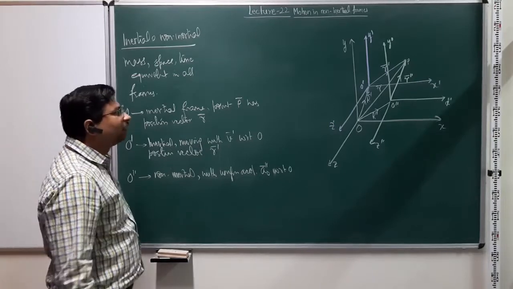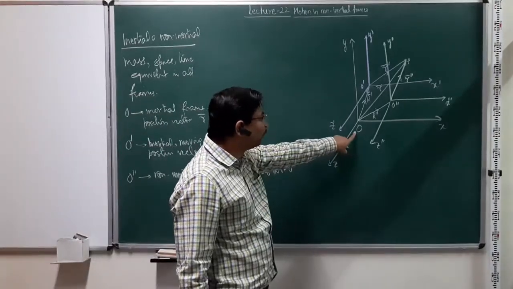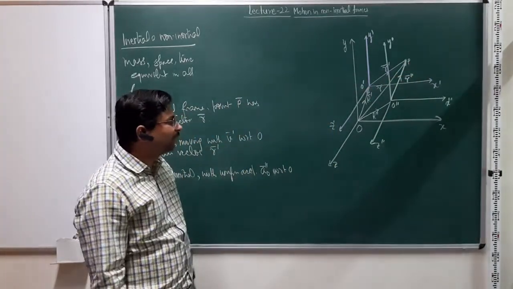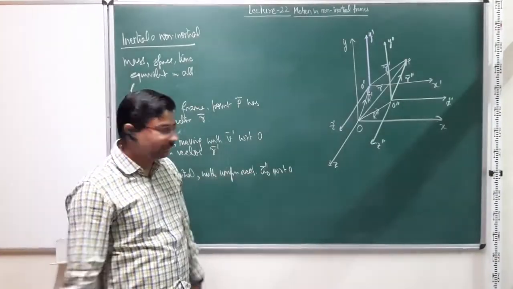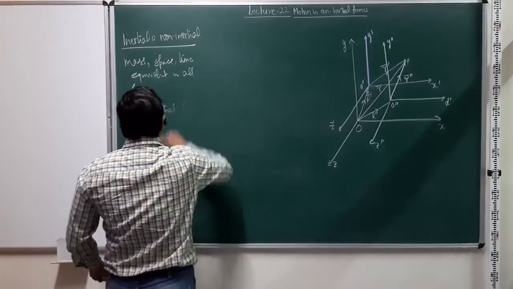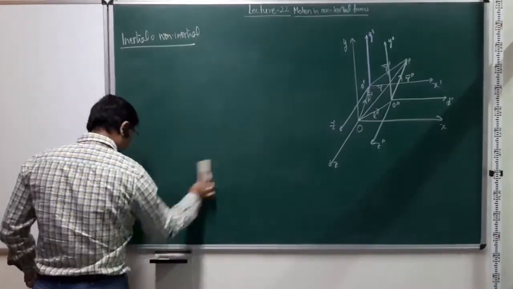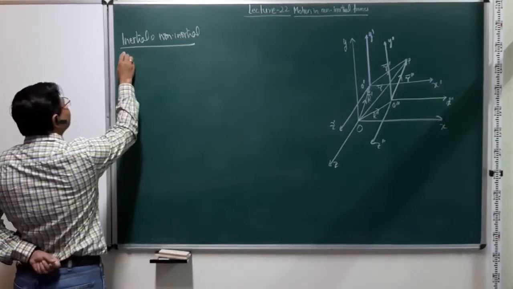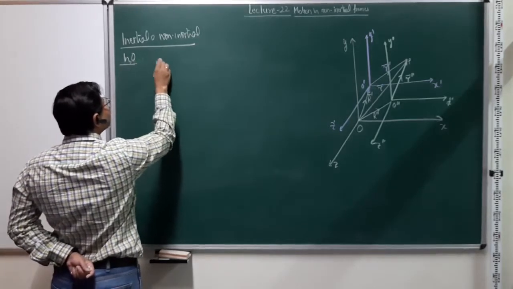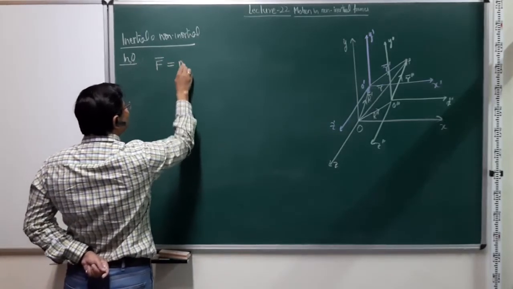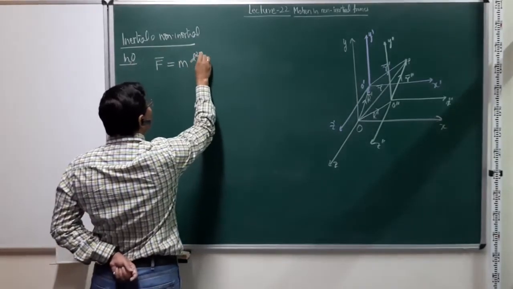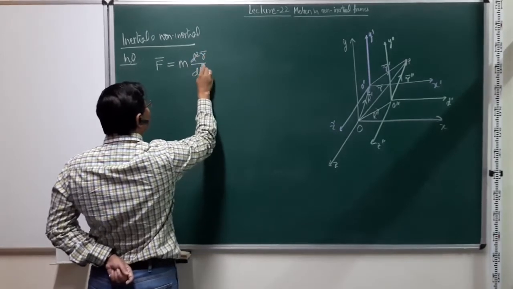Okay. Now let us say that in my original reference frame O, there is a force or an interaction which is present for the system P, and the system is evolving under that interaction. So let us see what is the effect of that interaction. Now in O, if the interaction is F, and the mass of the system P is m, then F is simply m d2r over dt square, right?